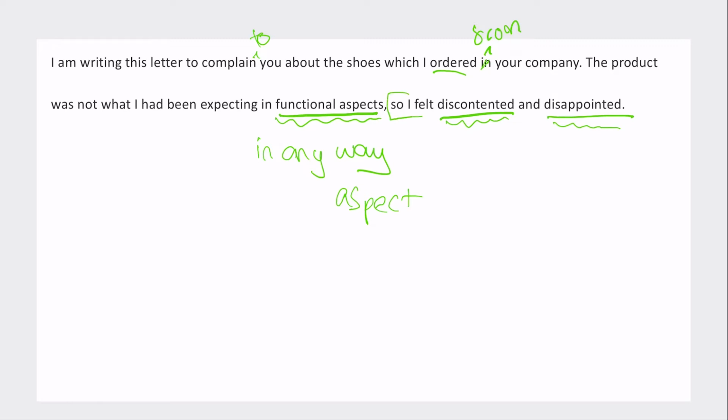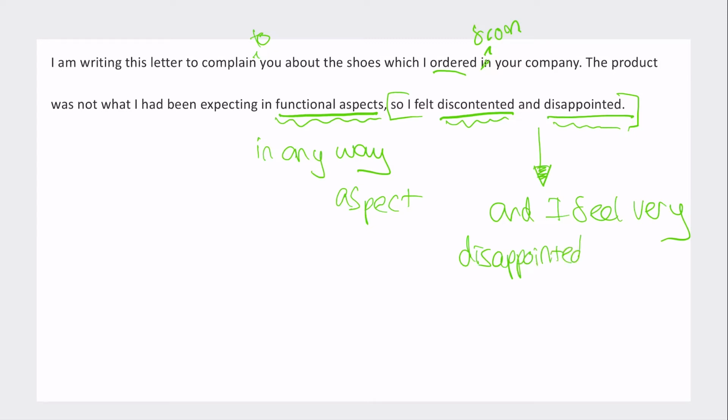Okay, so what I probably would phrase if I was writing this kind of letter: The product was not what I had been expecting in any way, and I feel very disappointed with the service of this company.